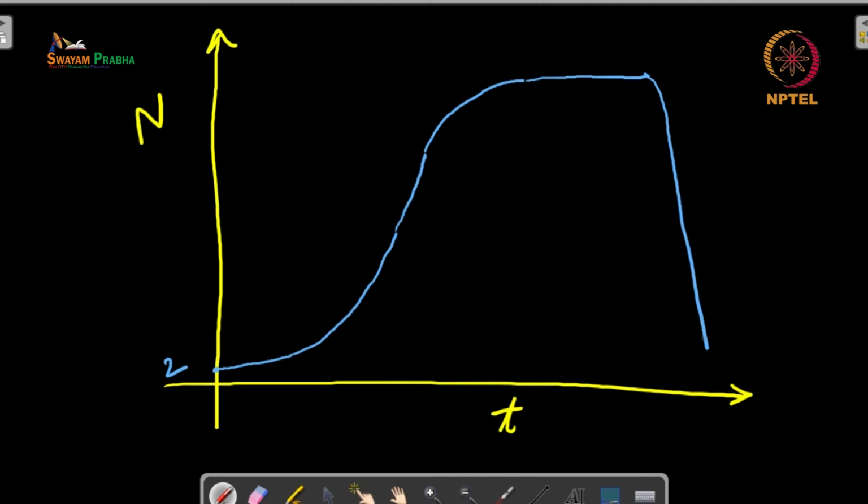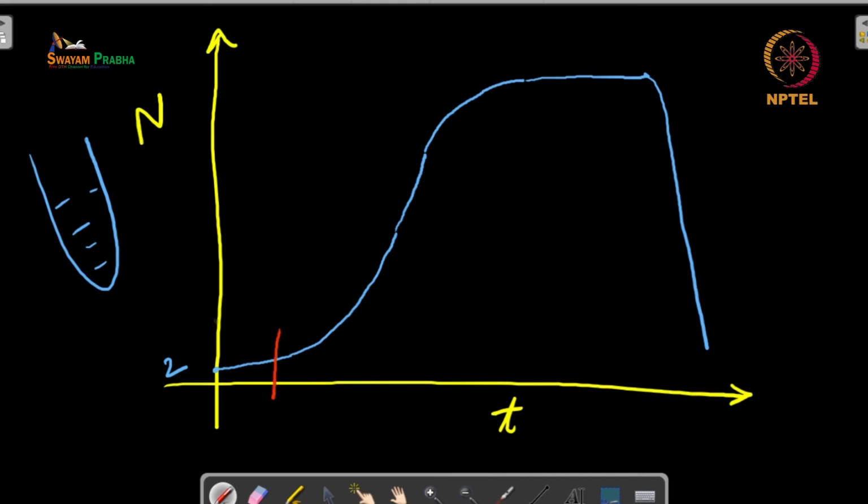So this is what is normally observed, and we can observe these things even in the case of microorganisms. If you take a culture medium in a test tube, you add bacteria and you plot the number of bacteria in the culture tube, you will get the same curve. Now this curve can be divided into several stages.